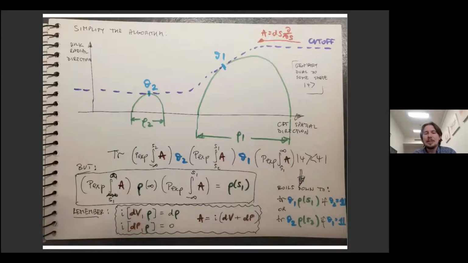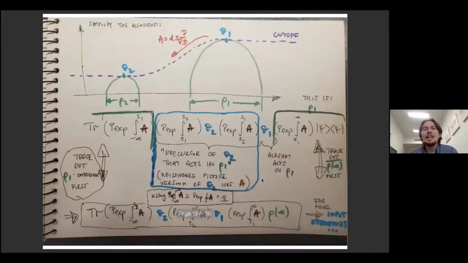So in particular, if I took one of these rho's, conjugated by this kind of Wilson line, then I'll get another such rho. For instance, I could move rho 1 to rho 2 in this fashion. And it follows from these conditions that I just specified. So since I know this, it turns out that I can simplify what I call the state at the cutoff in a very drastic way.